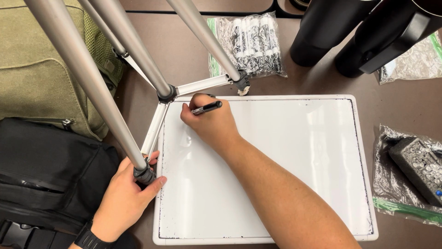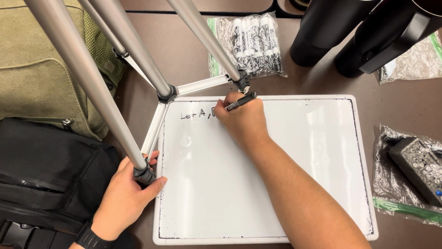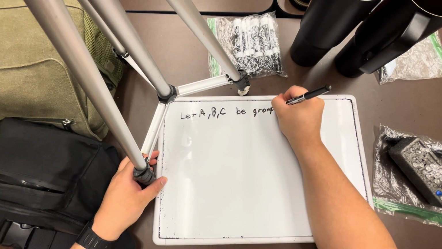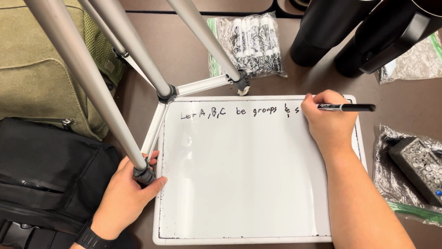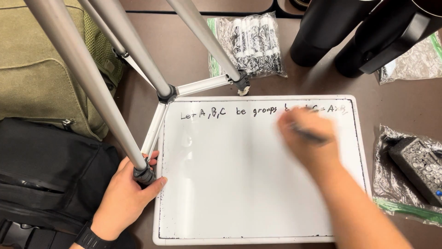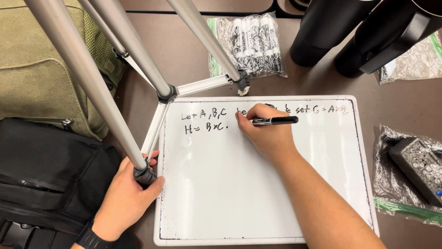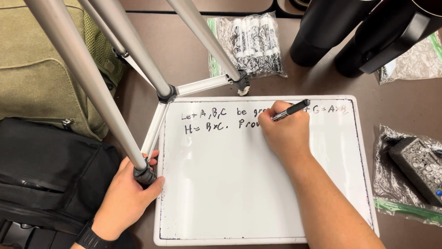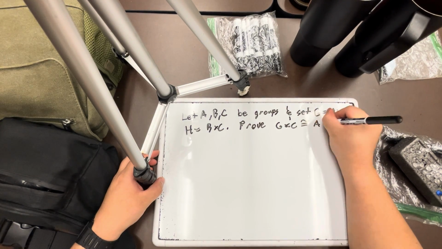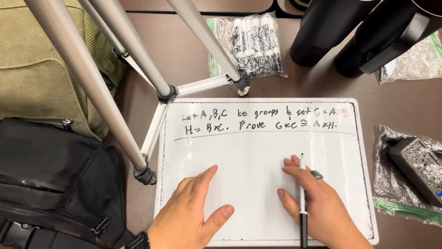So, for exercise 12, let A, B, C be groups, and set G equal to A cross B, H equal to B cross C, and prove G cross C is isomorphic to A cross H. So intuitively, it's like, well, just regroup the parentheses, right?